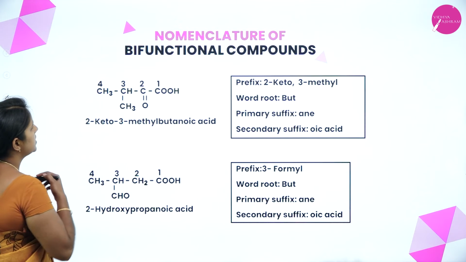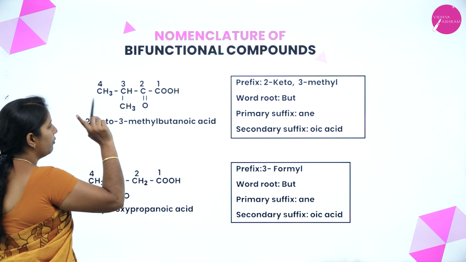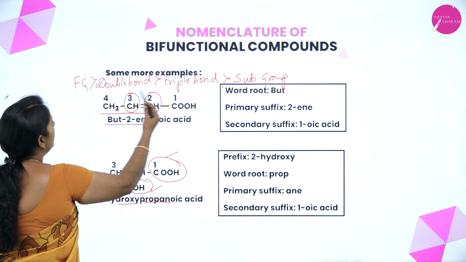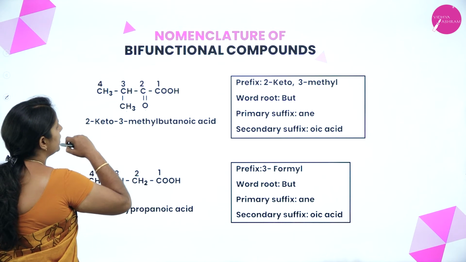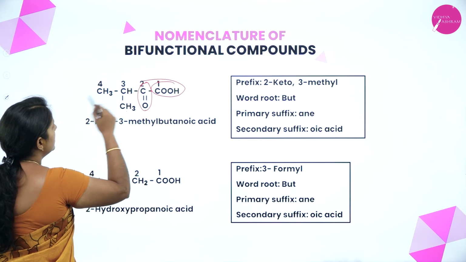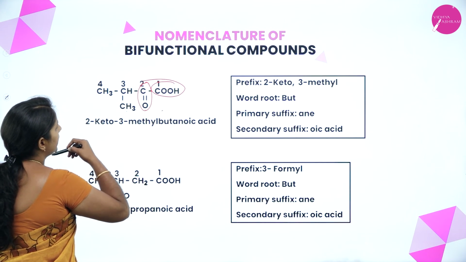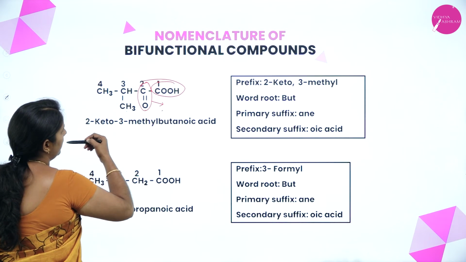Next, we see that we have a substituent group as well as a functional group. Remember, if a functional group and a substituent group are there, we have to go with this priority order. So the functional group containing carbon should get what? The least number. You can see that there are two functional groups there. Correct? So which one should get the least number? The acid should.